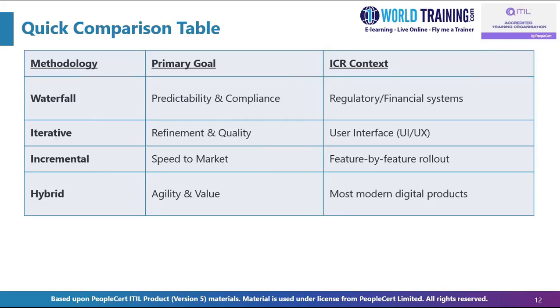The exam may ask you to match a scenario to the right methodology. Key signals: stable requirements point to waterfall. User interface refinement points to iterative. Early partial delivery points to incremental, and modern digital delivery points to hybrid.